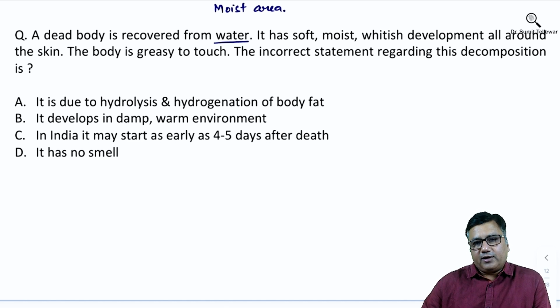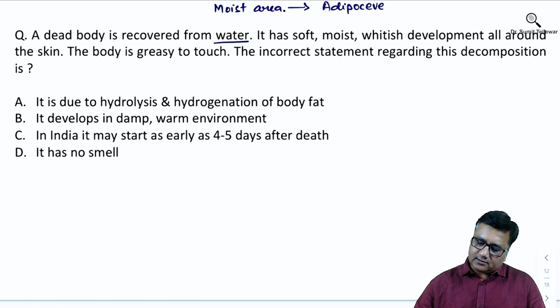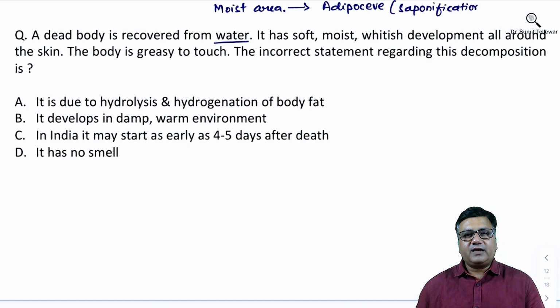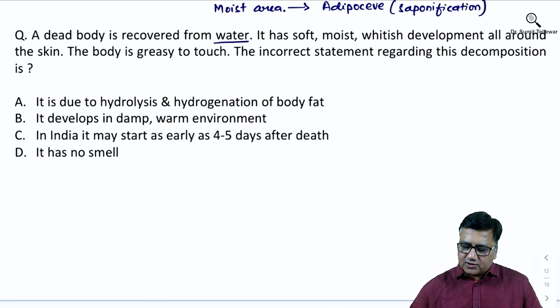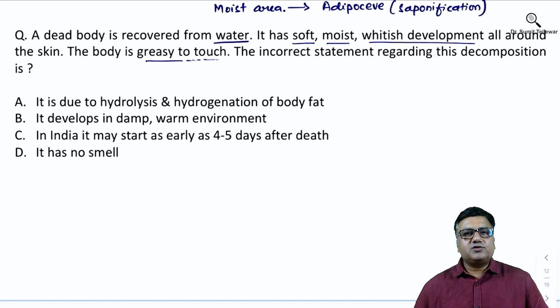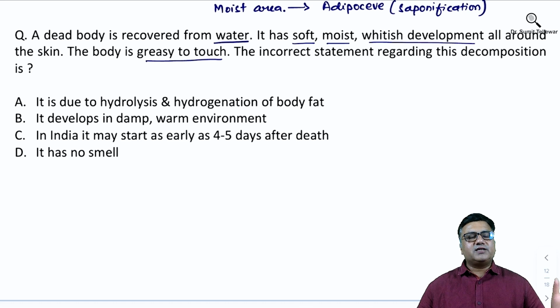We see development of adipocere, also called as saponification, right? And then when you correlate with the finding, it is soft, moist, whitish development, which is greasy to touch. They are all highlighting points of a fresh adipocere. Okay, so this is a dead body with generation of adipocere.